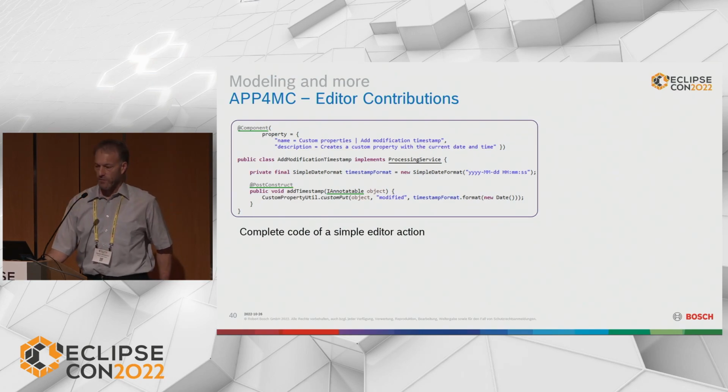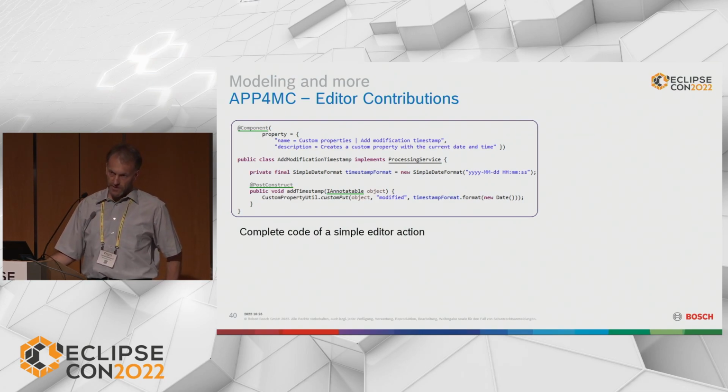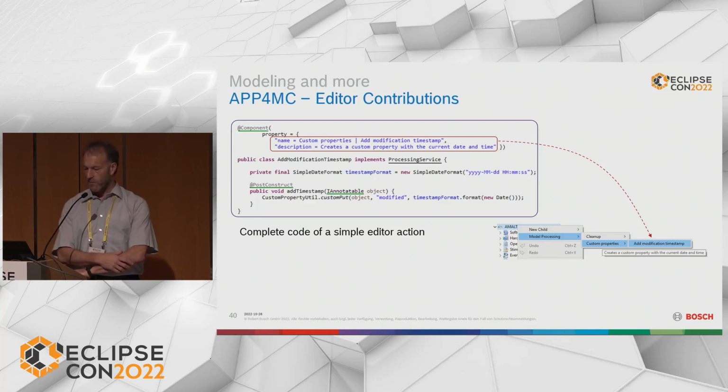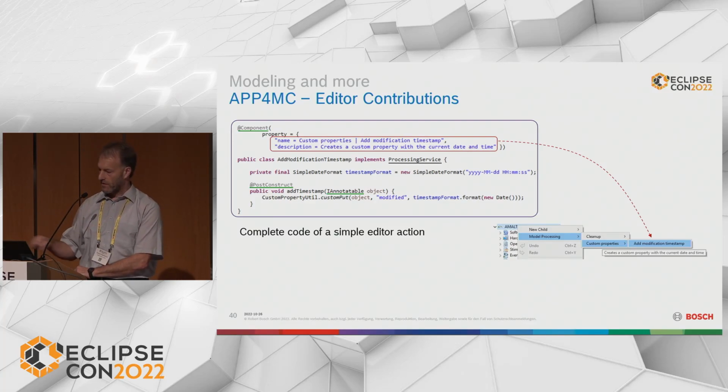Second possibility was to provide custom actions on specific models. So same idea, we have a component annotation and the name provides the hierarchy of this menu here and also the additional info you see if you hover over it. And in the end, you only have to deal with the manipulation of the object.